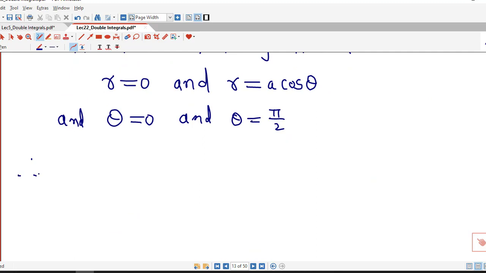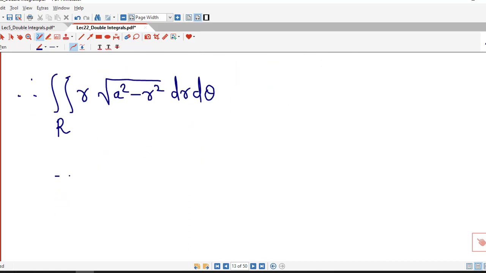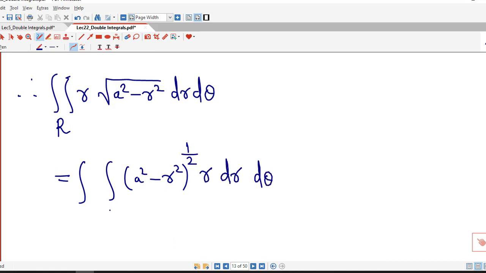So once we have decided the limits of integration, we are able to integrate given function over this region, double integral dr d theta over region R. So this is equal to, here integral is always with respect to r. This we can rewrite as a square minus r square raised to 1 by 2 into r into dr d theta.